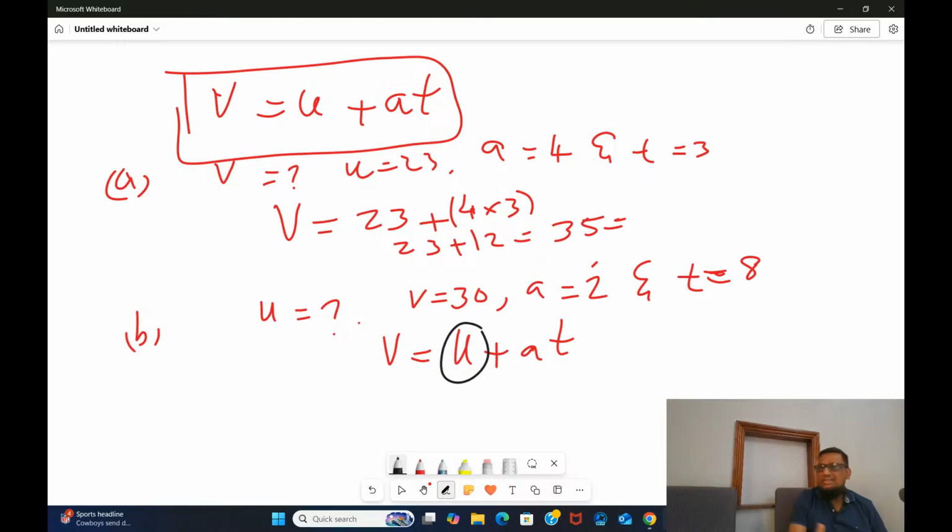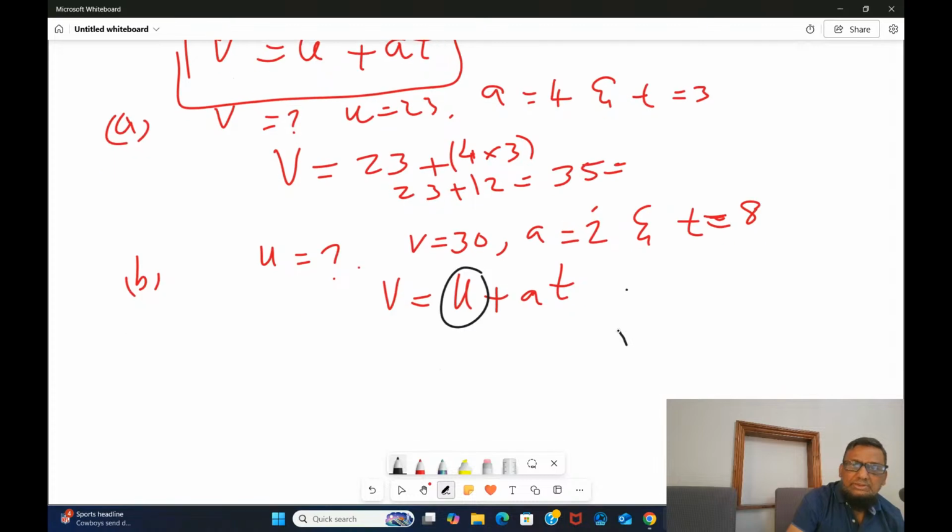Make u the subject. Make a subject means you need to isolate the u, and plug in the value, or you substitute the value and just move the numbers around. If I do it this way, look at this one, this is plus 80.